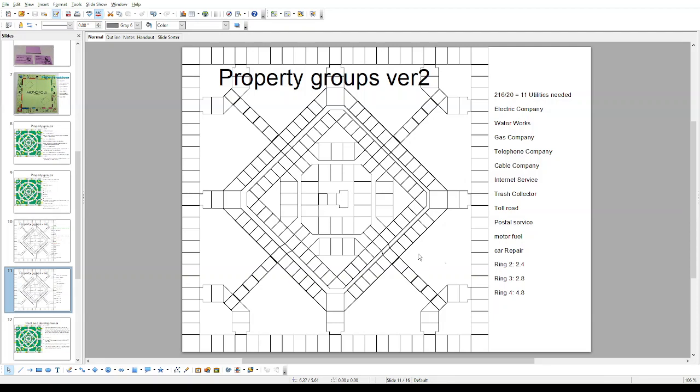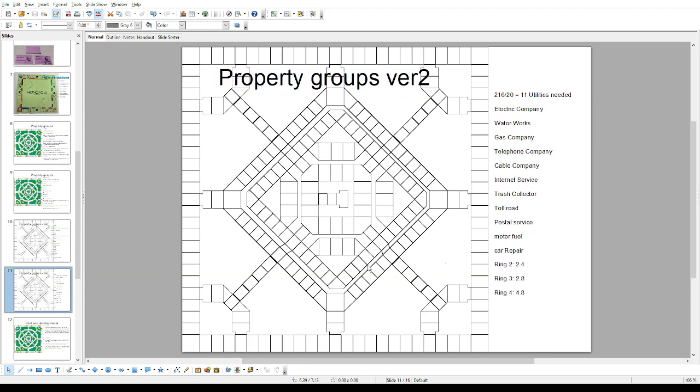Actually, I might not even bother with it, because the voucher concept requires you to have another deck of cards. I might just add the vouchers as part of the chance and community chest thing, because my current plan is to have three different versions of chance and community chest, which only apply to rings 2, 3, and 4, but you have three different decks because each of them has different stuff in it.